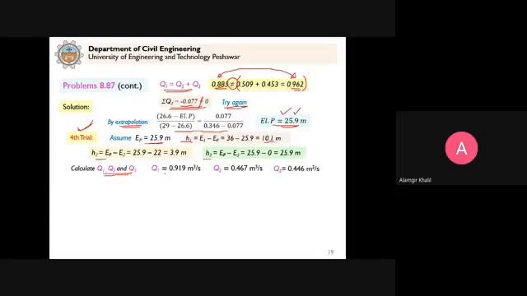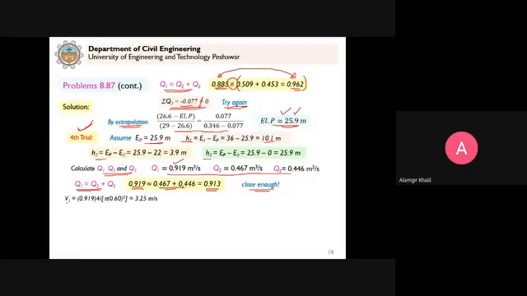So these are the values for the discharges. Now this continuity equation has to be satisfied if these values are correct. So you can see that Q1 is 0.919 and if we add Q2 plus Q3 it comes out to be 0.913. So this is now close enough: 0.919 and 0.913.